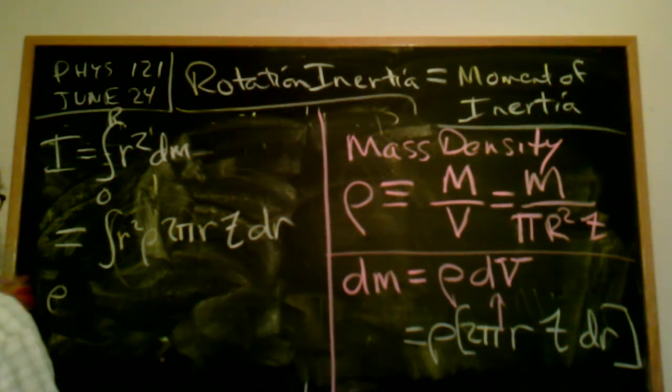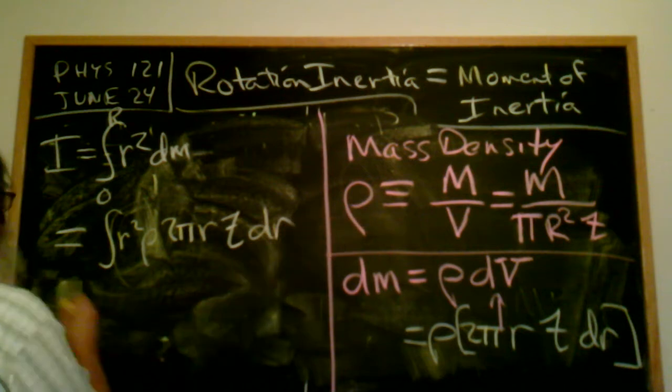So I'm going to take the rho outside, and I'm going to write down everything we know. So what goes outside?